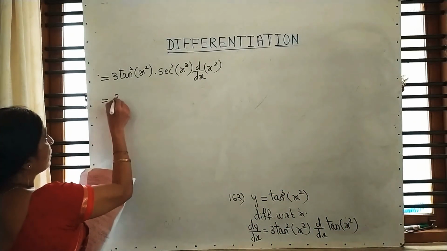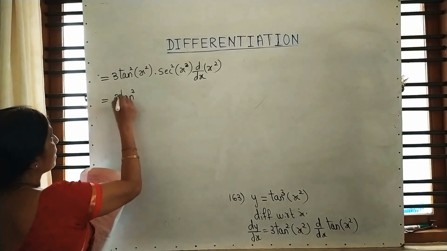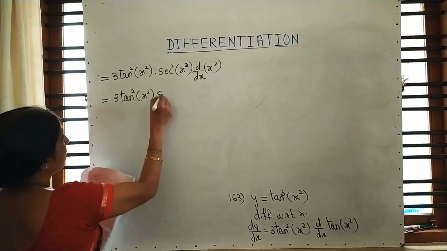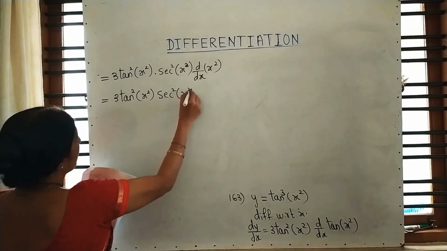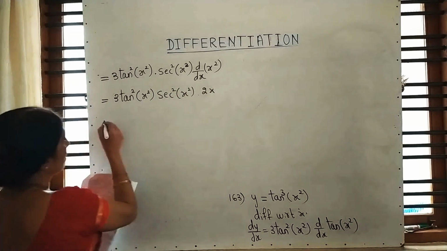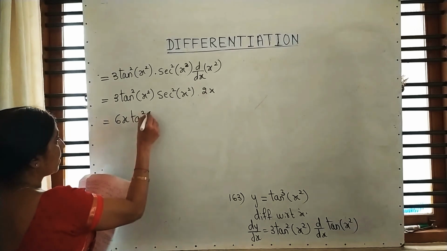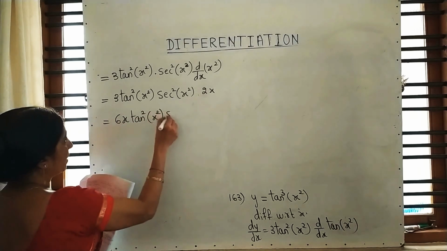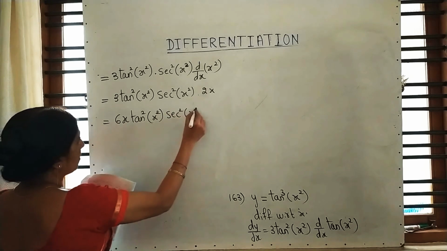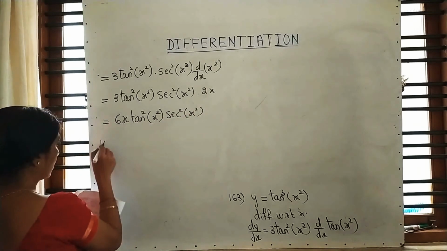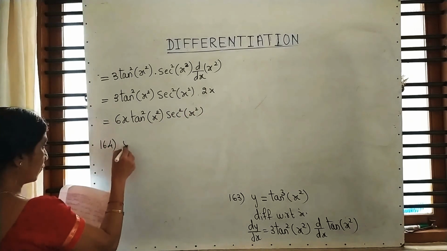So it is 3 tan square x square secant square x square into 2x. After multiplying, 6x tan square x square secant square x square.